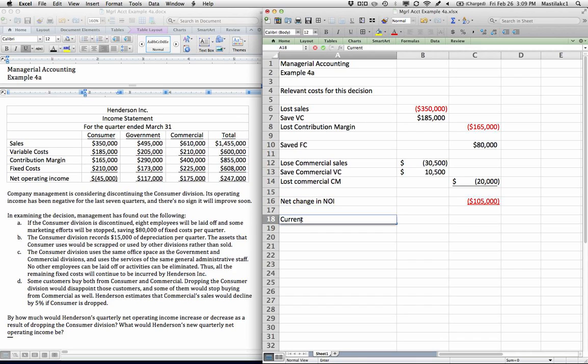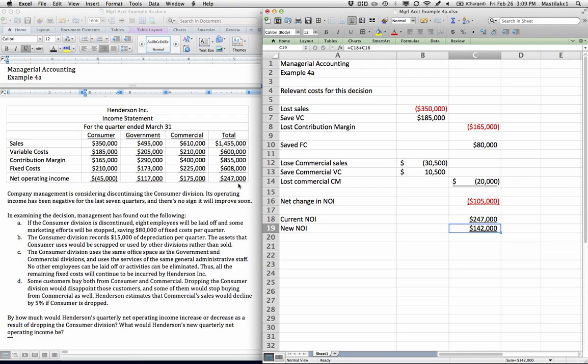Our current company net operating income is the $247,000 that we show right here. So our new quarterly net operating income would be $247,000 minus $105,000, and it would be only $142,000, which is not better than where we currently are.